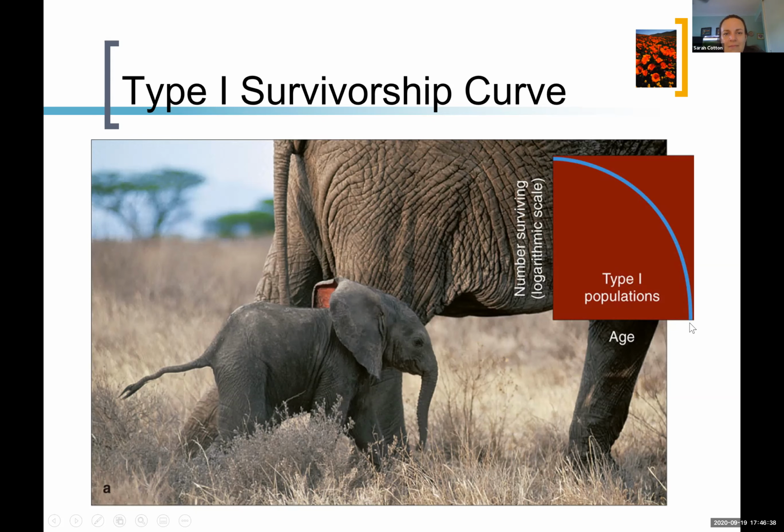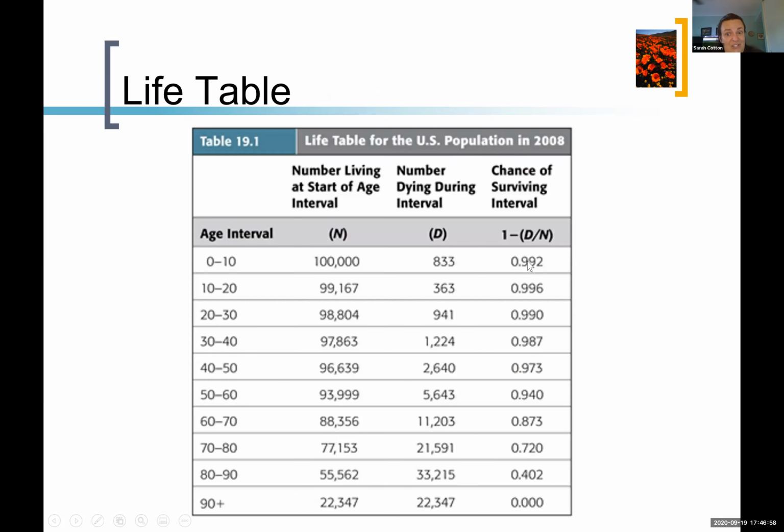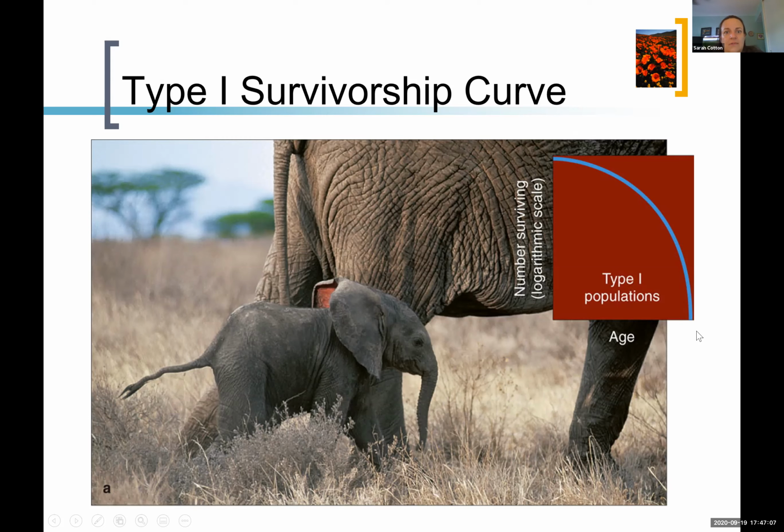So the punchline of this is your risk of dying is a lot higher when you're old if you are a species that has a type 1 survivorship curve. Okay. So humans have a type 1 survivorship curve, as you can see from this, right? The chance of surviving is super high until you get older, kind of towards the end of our lifespan, right? And then it goes down, right? So humans have a type 1 survivorship curve.